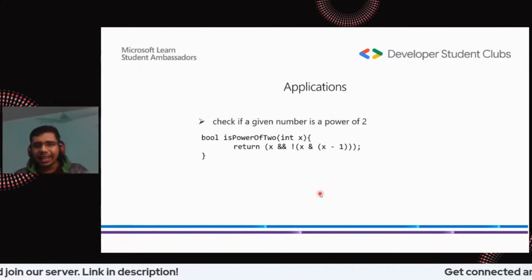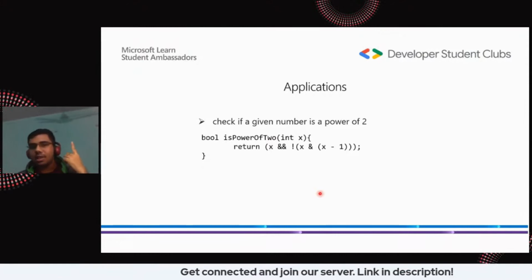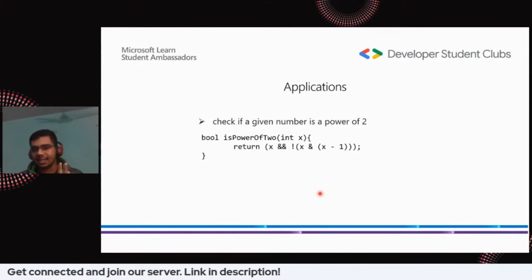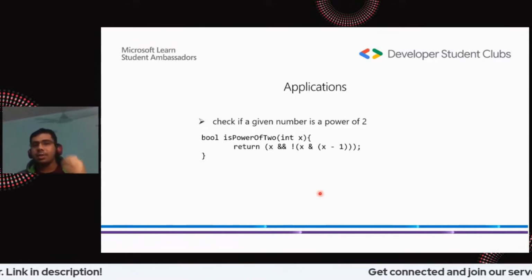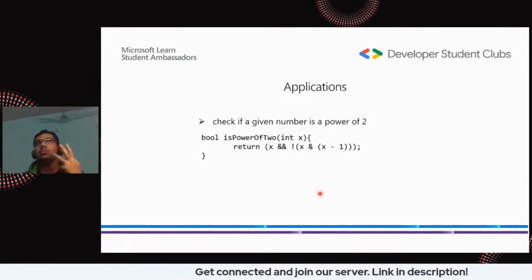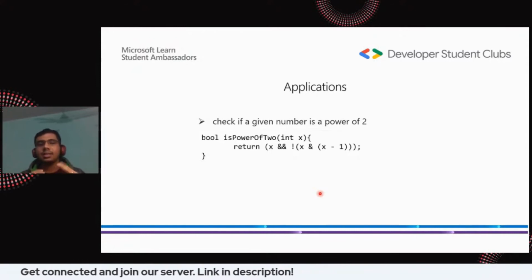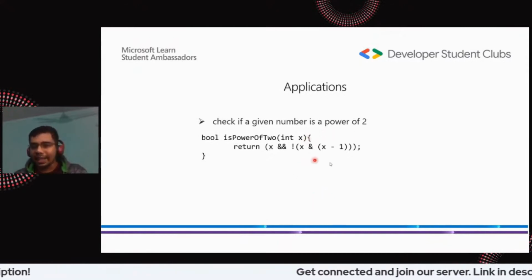If you want another example, say you took 5 and 6, so the number is 6, and you are trying to check whether this number x, that is 6, is a power of 2 or not. In that case, you will first convert it to binary. So the binary of 6 is 110, and x minus 1 is 101, right? The next thing we will do is x and x minus 1.